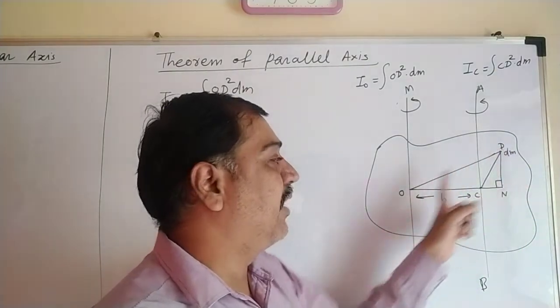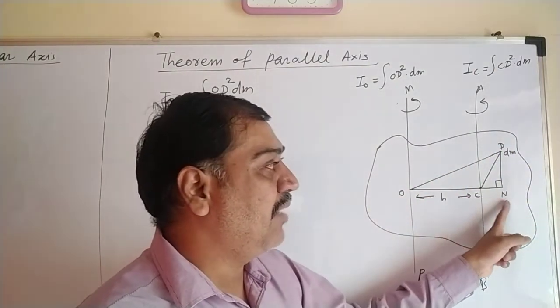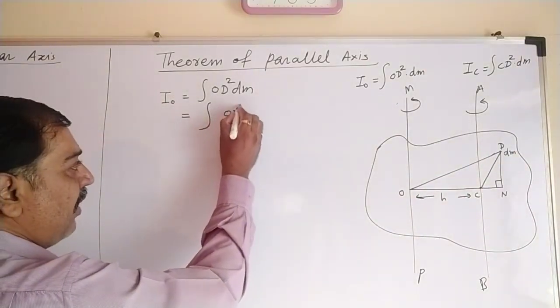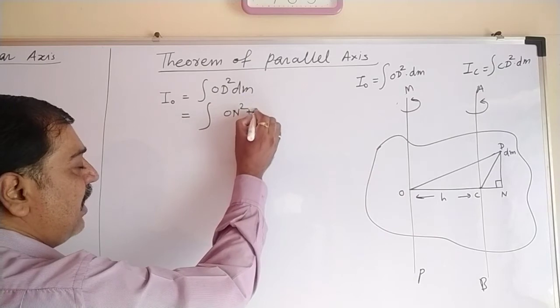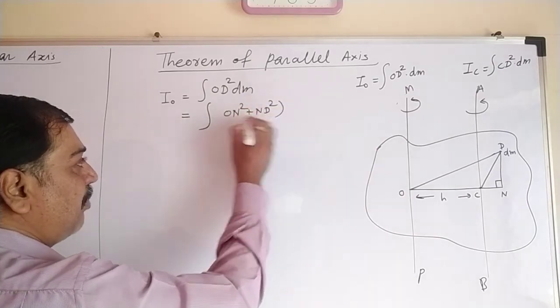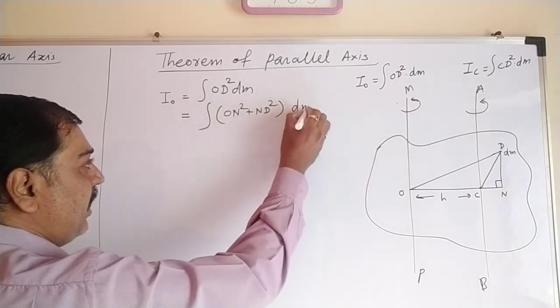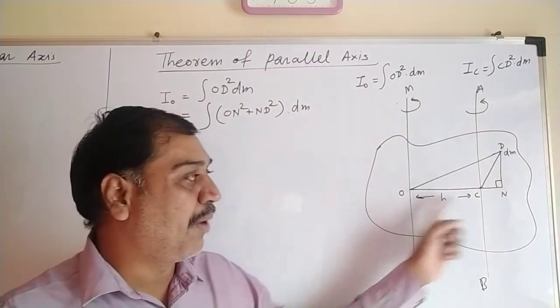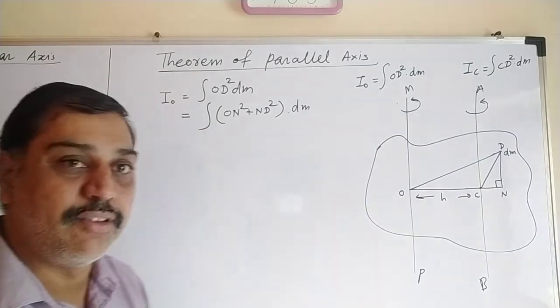So OD square is equal to ON square plus ND square. The same thing we can write here: ON square plus ND square, that is OD square, into dm.